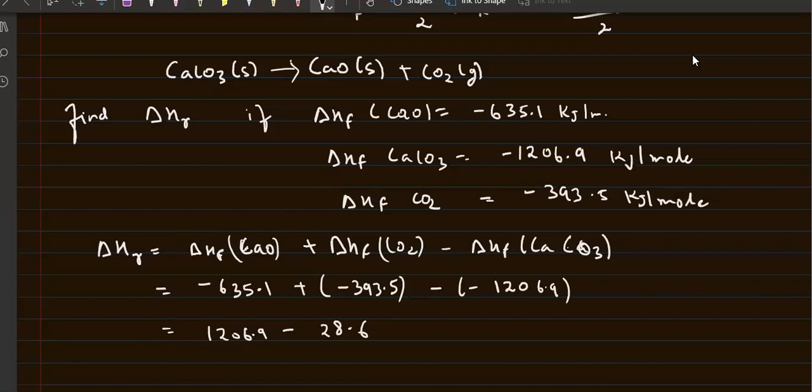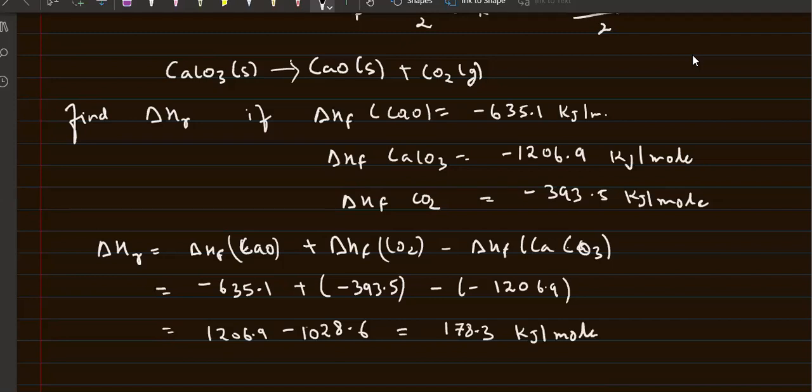If you subtract these two, you should get something like 178.3 kilojoule per mole. Got it, everyone?